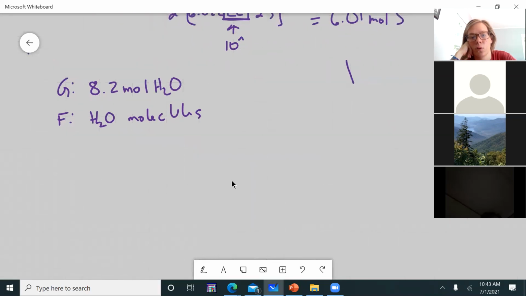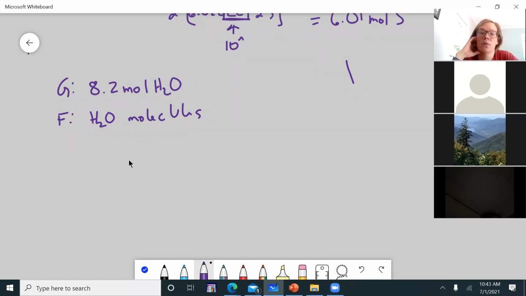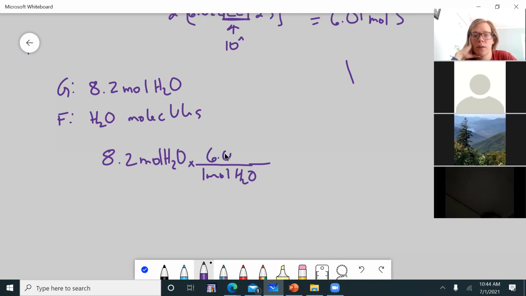Got it. Okay, cool. So for this one, very similar to the other ones, except we're dealing with molecules, but it still applies. So 8.2 moles of water. And we're going to do 1 mole of water will yield 6.022 times 10 to the 23rd water molecules.